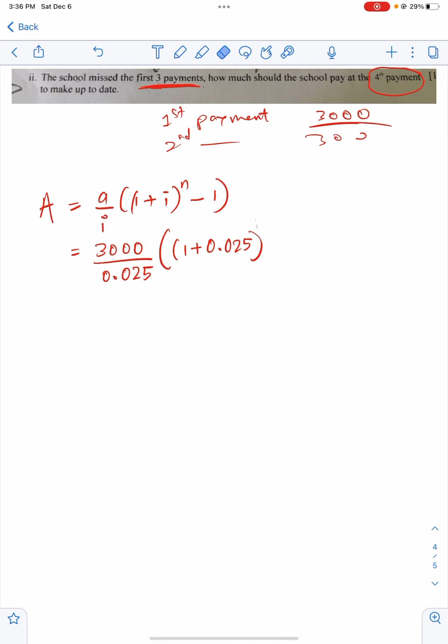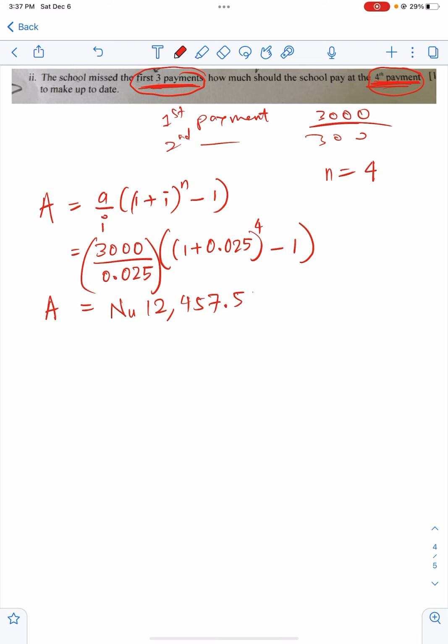Oh sorry, so now your n will be 4, because the first 3 payments are missed, then the 4th payment, so your n is equal to 4 minus 1. So this is equal to Niltram 12,457.55. So this is the amount.